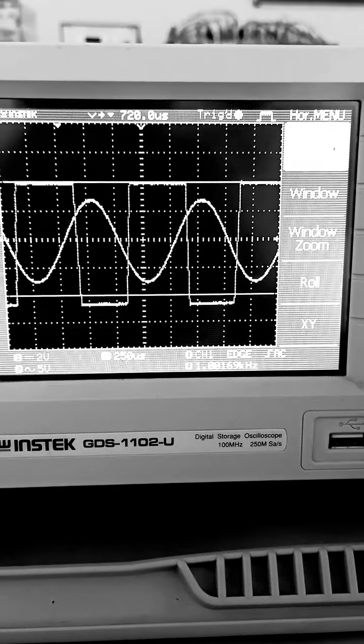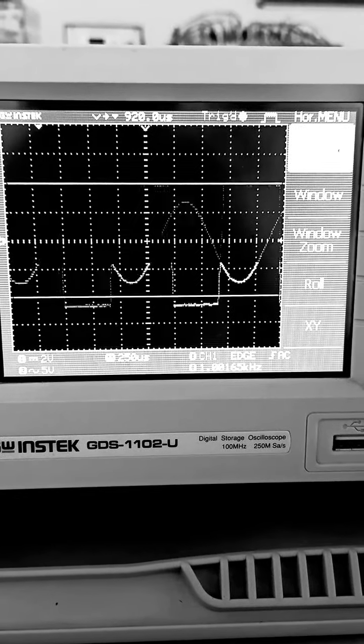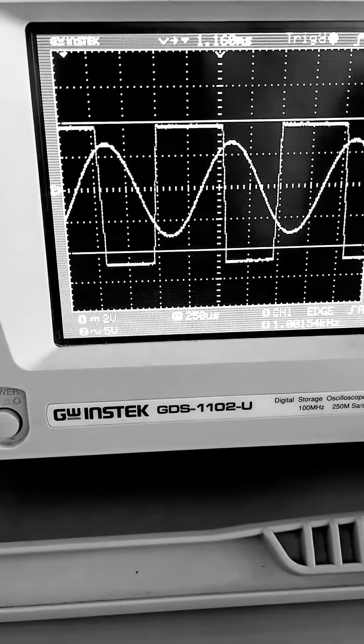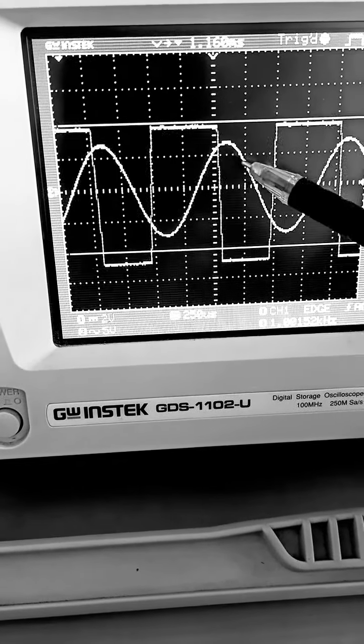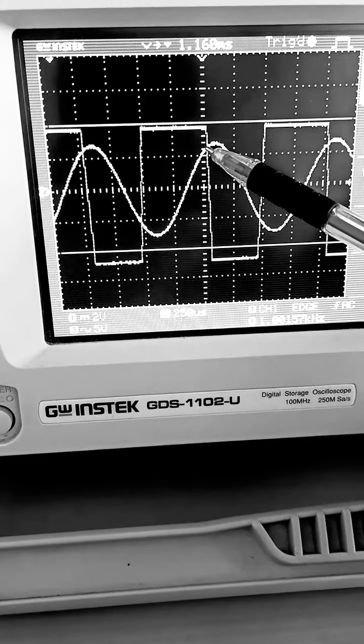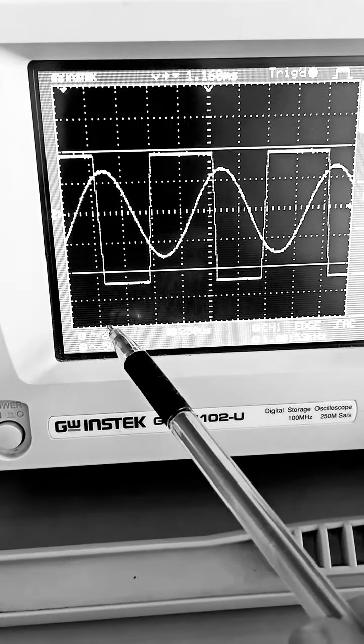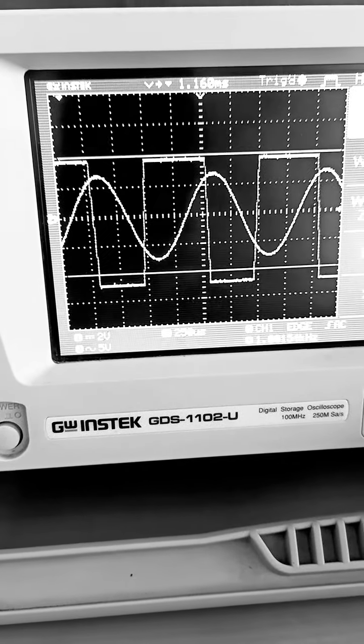The measured value here is 1.4 multiplied by 2, around 2.8.